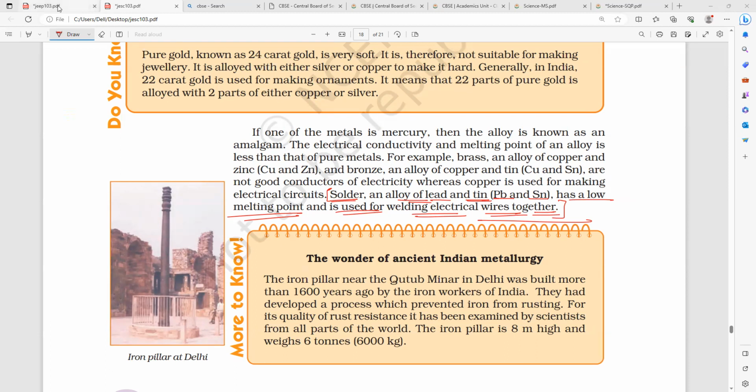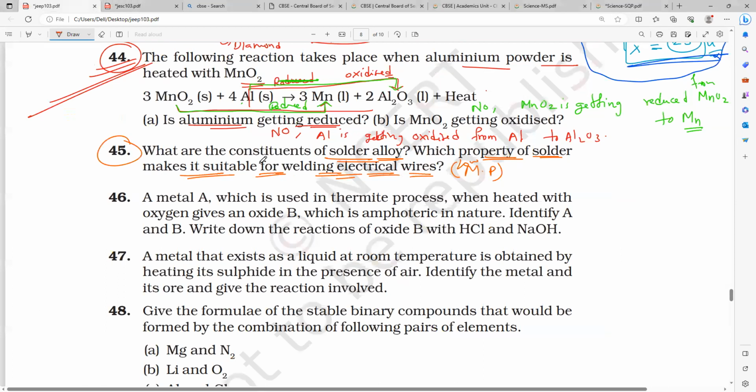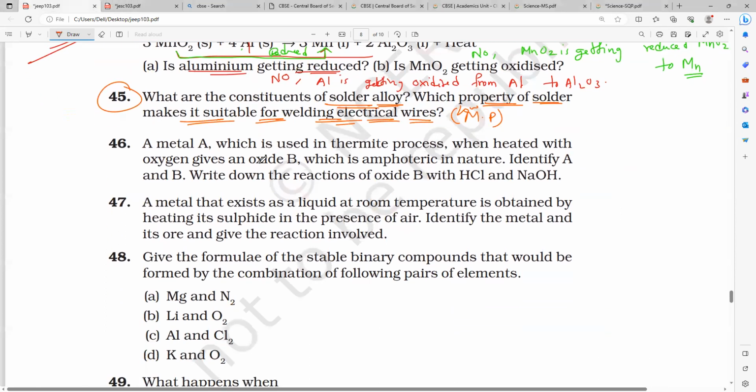Next question. At least try to finish till the 50th question. The next question is also very important. Metal A is used in the thermite process. By this time you can identify what metal A is: aluminium.